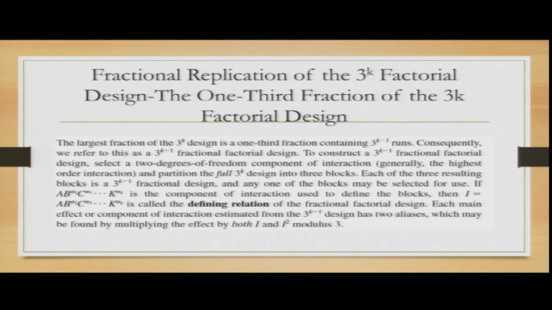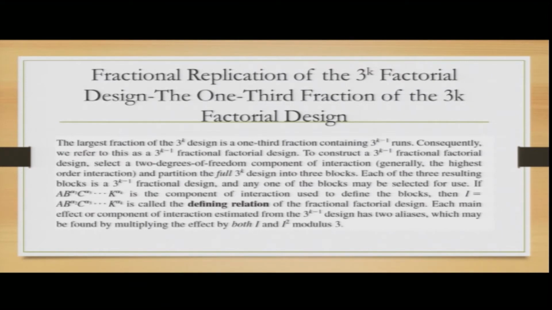So, if AB to the power alpha 2, C to the power alpha 3, obviously A to the power alpha 1 is 1, and the last one is K to the power alpha k, that is the component of interaction, and using this we define the block. Then obviously the indicator factor would be given as AB to the power alpha 2, C to the power alpha 3, till K to the power alpha k, and it is called the defining relationship of the fractional factorial design.